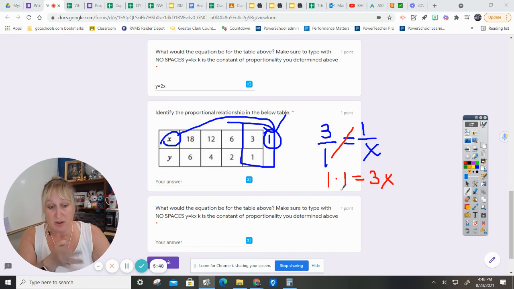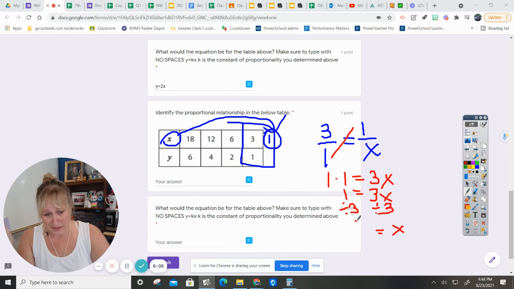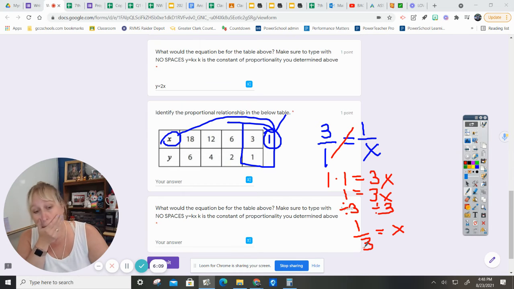And this is where students might get a little confused, but we shouldn't, because to move this 3 over, I'm going to divide by 3 on both sides. Now I'm going to hear, Miss Pagan, I don't know how to do 1 divided by 3. Oh yeah, it's just 1/3.